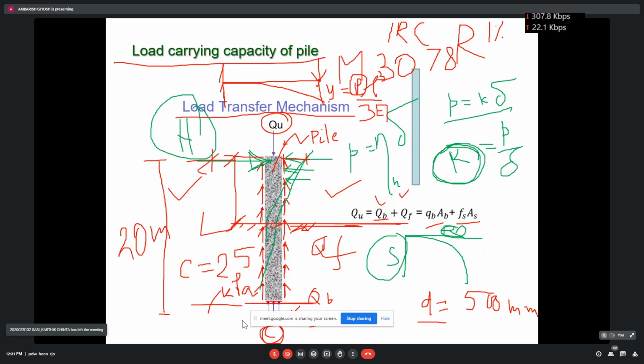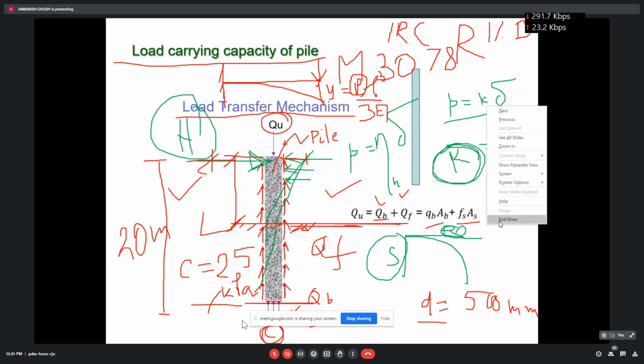This is good. 1% of the pile diameter. So if it is 600 mm, 6 millimeter, 1 meter dia, 10 millimeter, 1.5 meter, 15 millimeter.